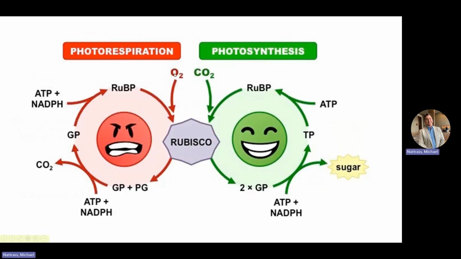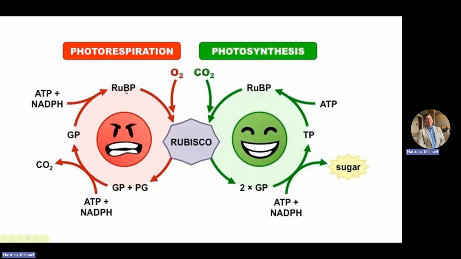Well, look what happens if we take oxygen and it gets fixed by Rubisco and add it into that cycle. Notice that the output is a carbon dioxide rather than a sugar right here. So we didn't make our 3-PGA. In step 3, we produce a carbon dioxide rather than a sugar.